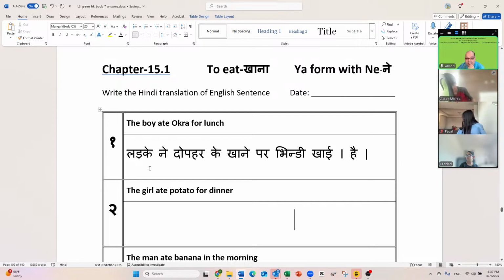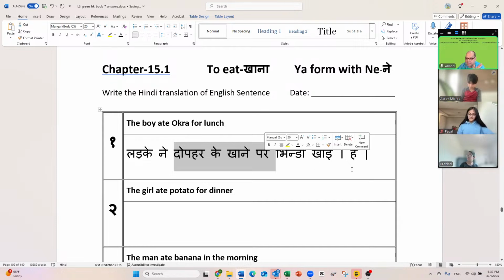लड़के ने, now what is the Hindi word for lunch? दोपहर के खाने पर. दोपहर का खाना is lunch. Okay, लड़के ने दोपहर के खाने पर भिंडी खाई है.